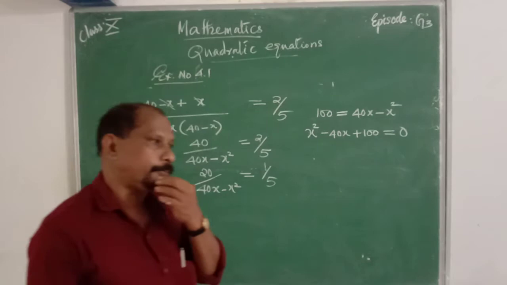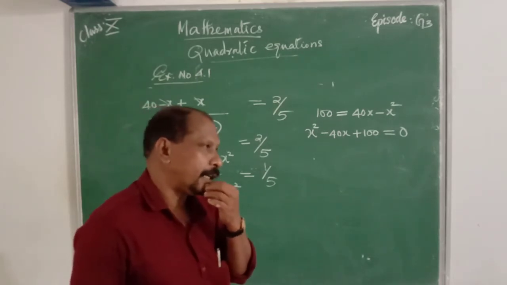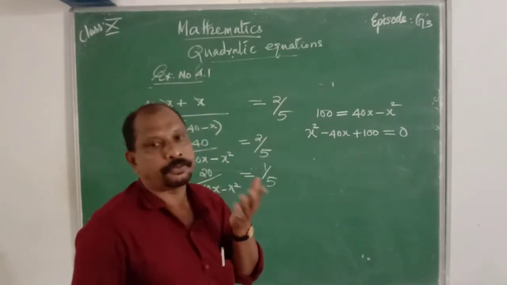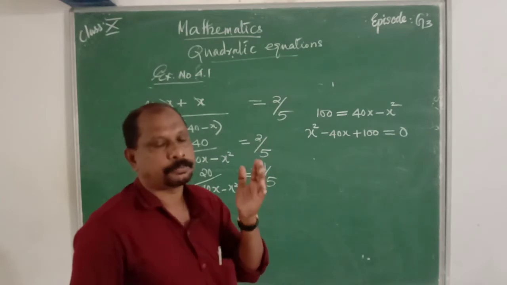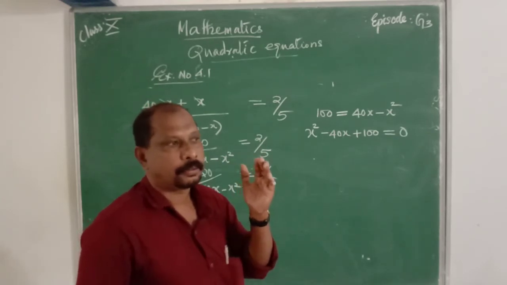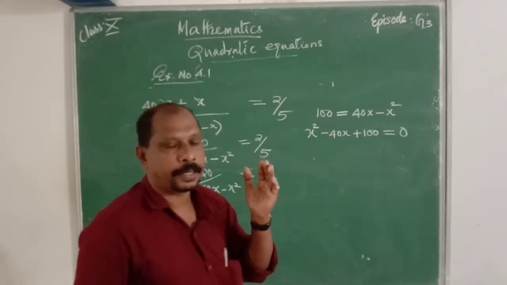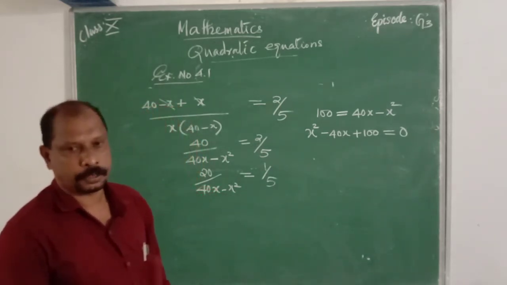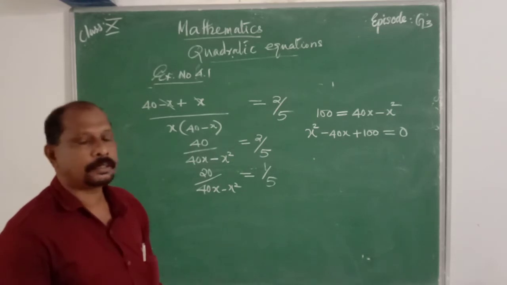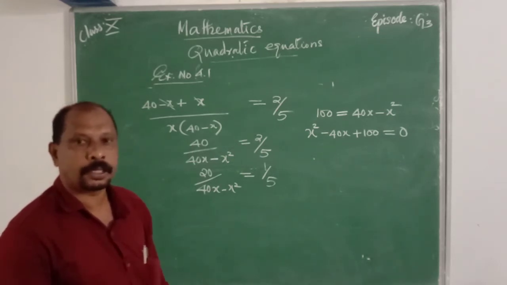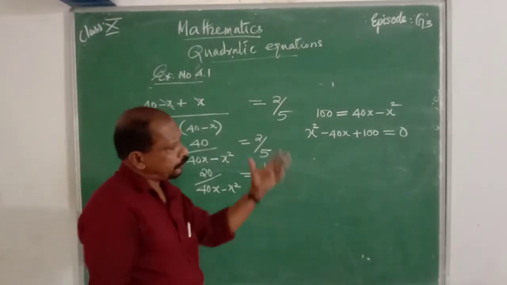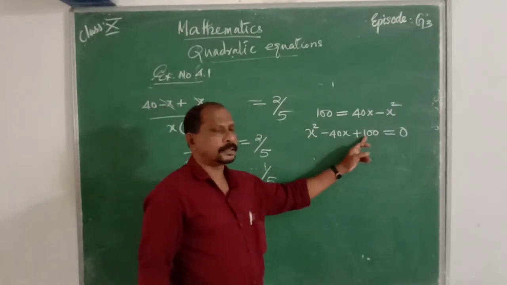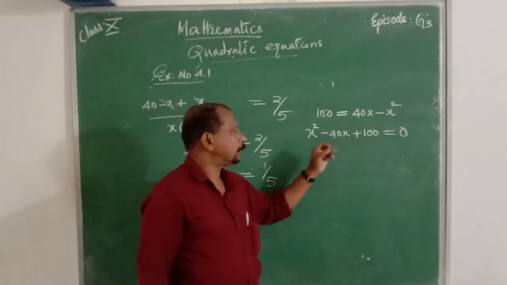Then solve the equation using different methods. That means by using the factorization method or quadratic formula. Anyway, we can solve the equation by quadratic formula or factorization. In the case of factorization, product is 100, sum is minus 40.